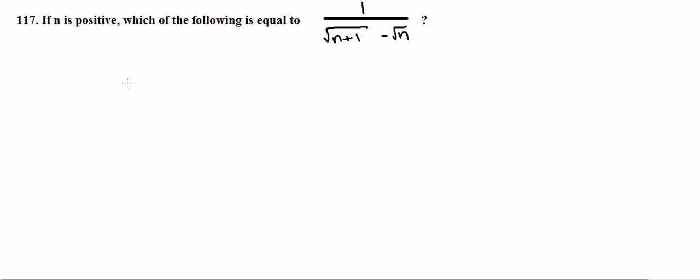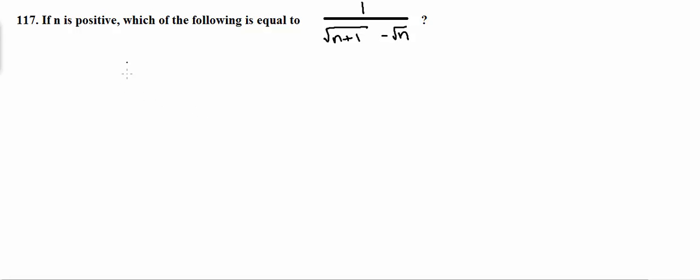The first thing you want to do is something called rationalizing the denominator. This is a radical expression because it has that square root sign. One way to get rid of it is to multiply by the same expression except with a plus in the middle of the two terms, and I'll show you why that works.